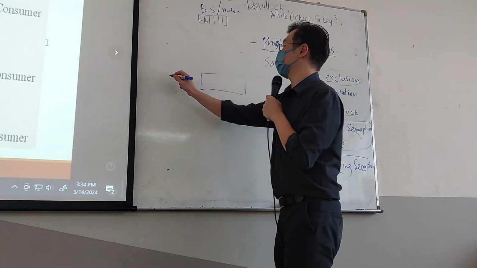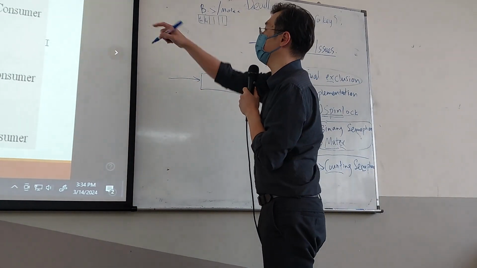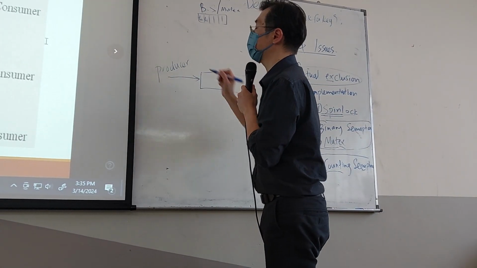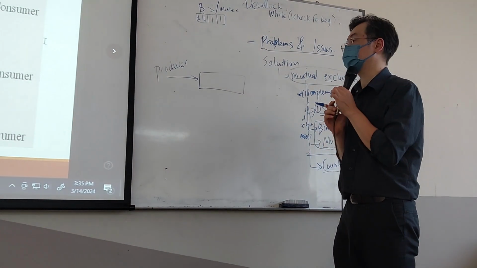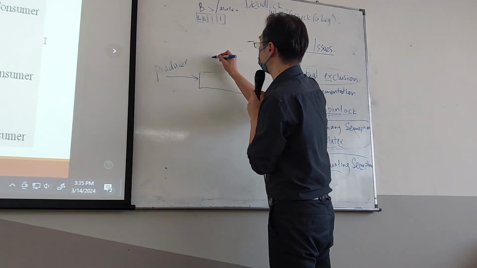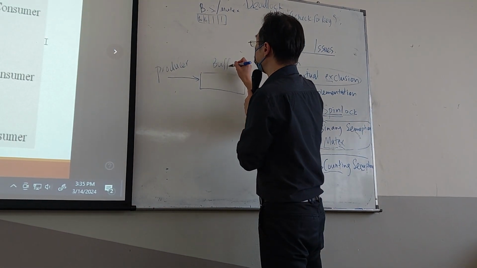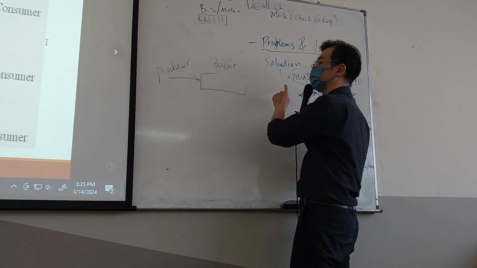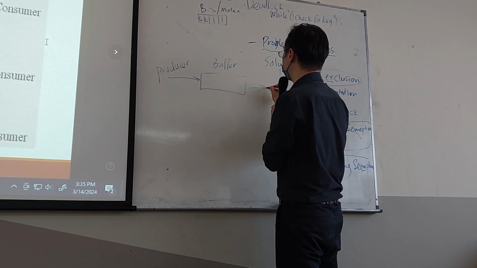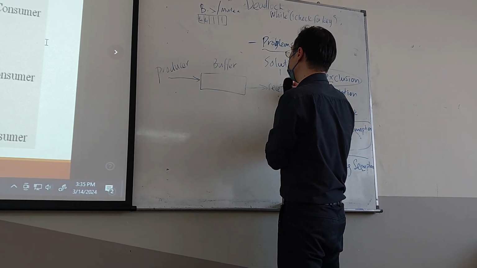If the sender, or the producer, we call it producer in this case, is very, very fast, faster than the receiver, what we want is to have a buffer in between. If, let's say, the receiver is as fast as the producer, do you think that we need a buffer?